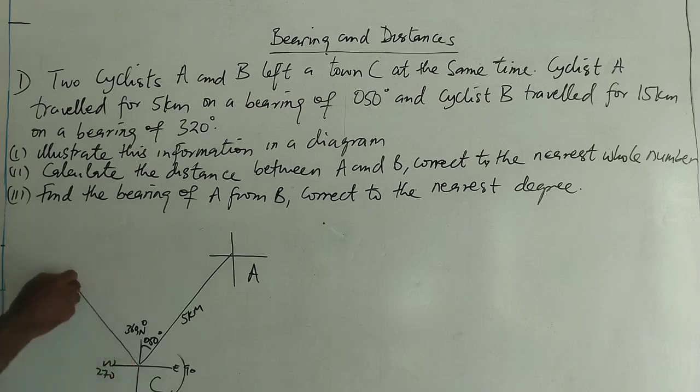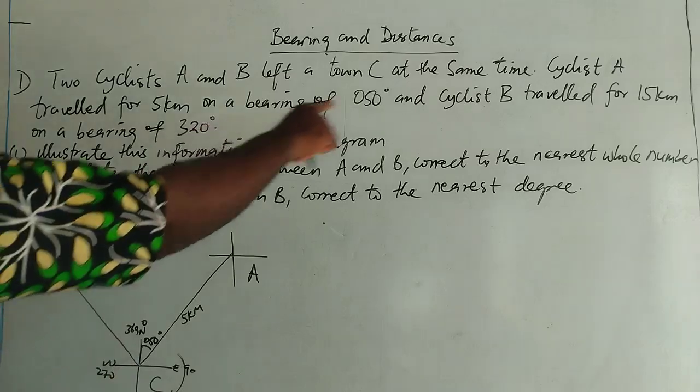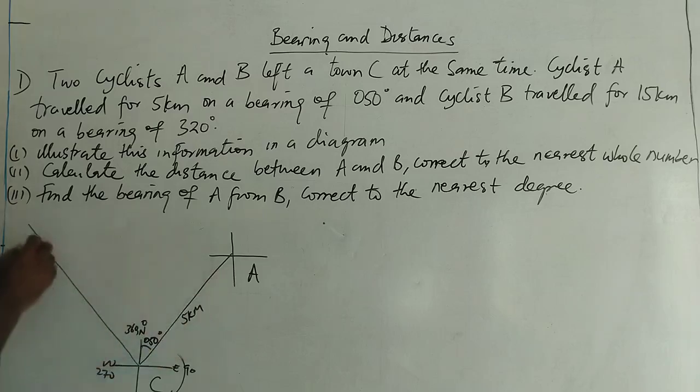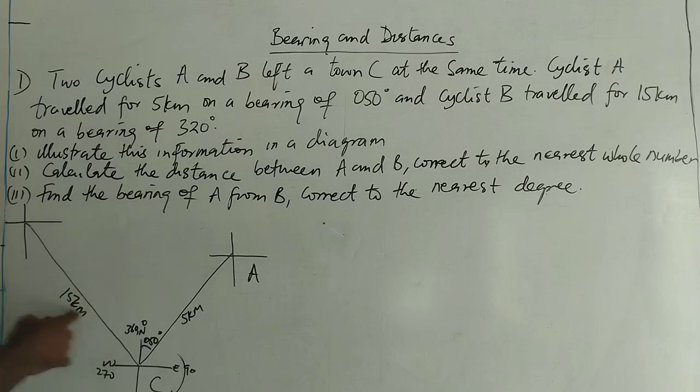So it will come out from there. And then this line, the second distance is 15 kilometers, which is bigger than the first one. So it's going to be longer. So if you look at these two lines, this is longer than this because this is 15 kilometers, while this one is 5 kilometers. So this is our B.